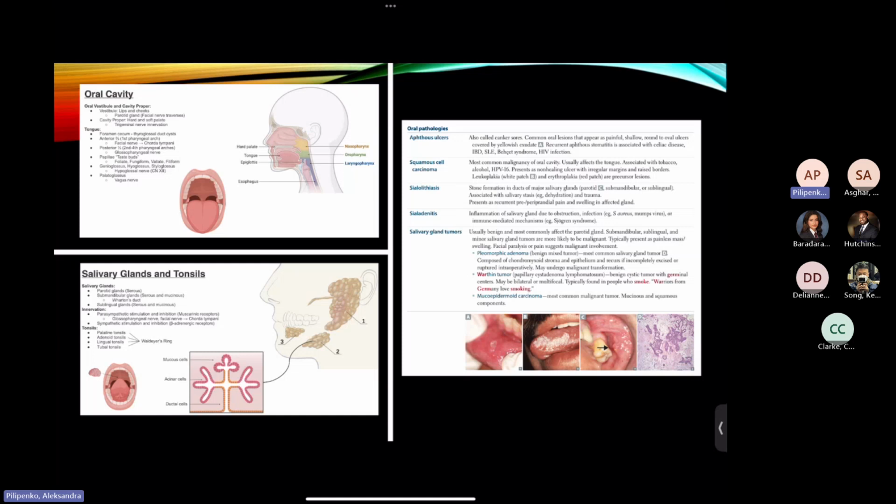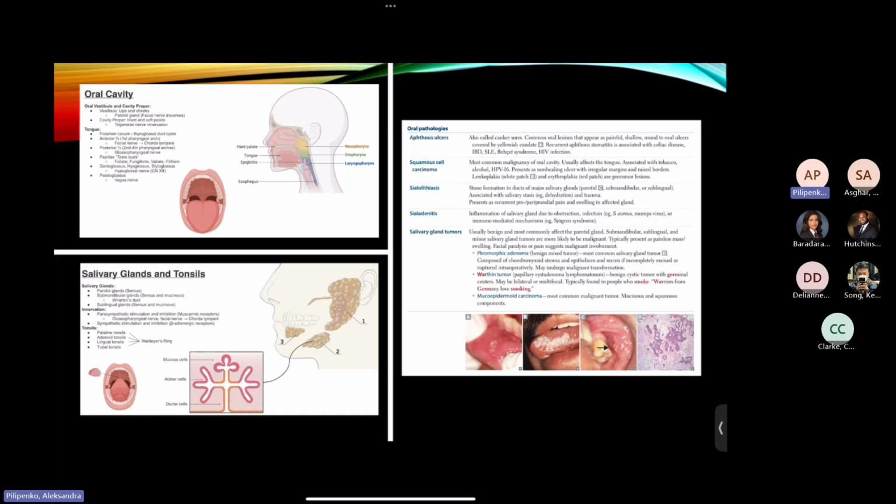Cranial nerve 12, and then cranial nerve 9. But I'm not going to confuse you right now. I'm just going to insert the slide here with the narration as well.